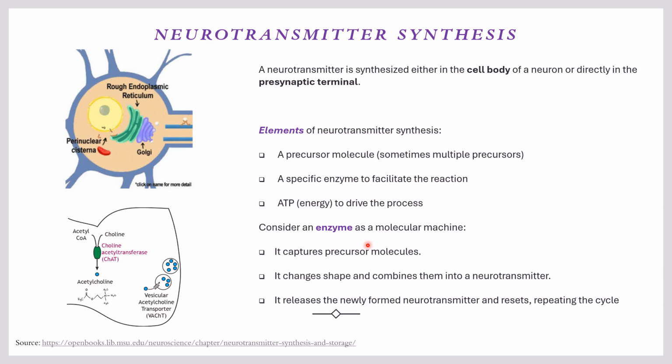The enzyme is a molecular machine that will capture the precursor molecule or molecules. It will change shape and combine them into a neurotransmitter, and it will release the newly formed neurotransmitter, reset, and repeat the cycle.